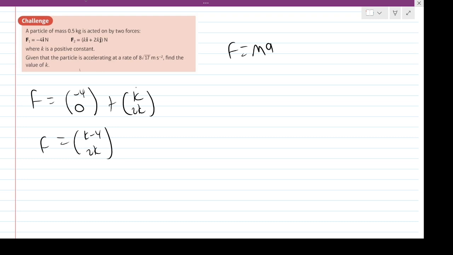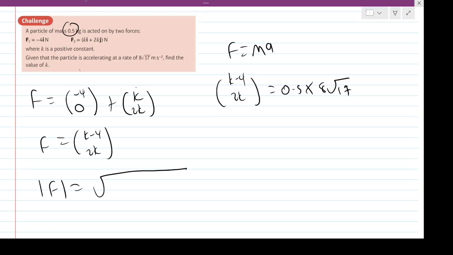Again, I'm also told the mass is 0.5, so if I substitute this in, I get k minus 4, 2k is 0.5 times the acceleration of 8 root 17. This is a problem, because again, I'm saying a vector equals a number. That cannot happen. So I'm going to need to take the magnitude of this. So the magnitude is going to be the root of, again, we've got k's in there.